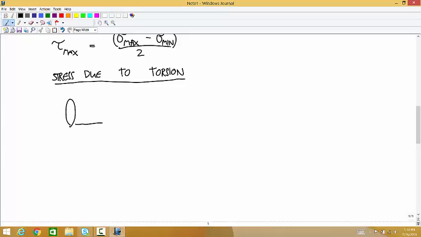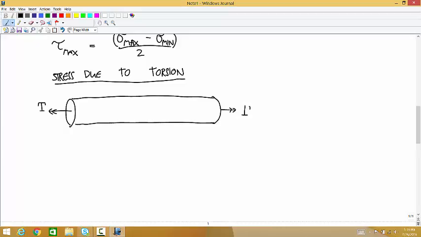If you have an object, I'll draw it with a round cross-section, but this is true in general. And you put a torque on it like this, and the equal and opposite torque on this side. What you're doing is rotating this end this way, and this end this way.